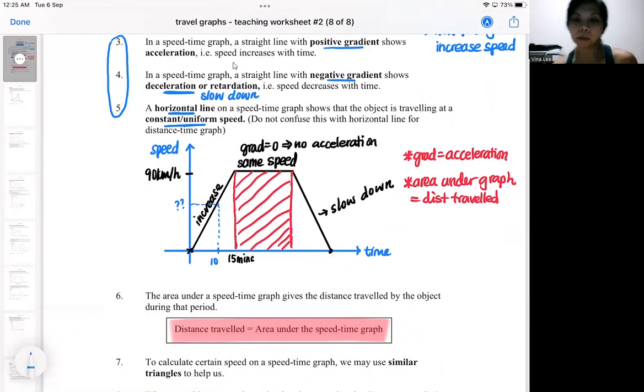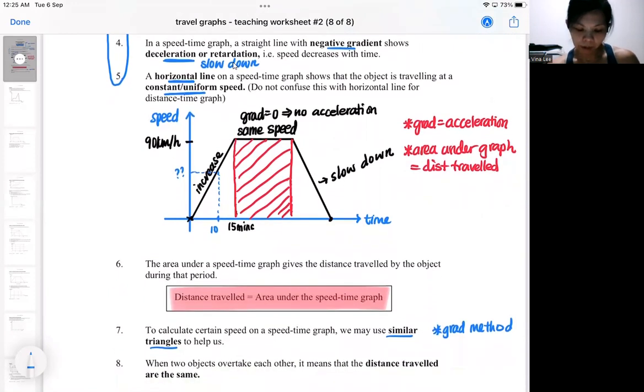Sometimes we will use similar triangles to help us, or we can use the gradient method, which I can show later. But sometimes we can read off directly. If this speed graph is on graph paper, you can read off directly. But if this speed graph is not on graph paper, you actually have to calculate. So these are the two methods: we can use similar triangles or we can use a gradient method. Later on there will be an example to show this part.